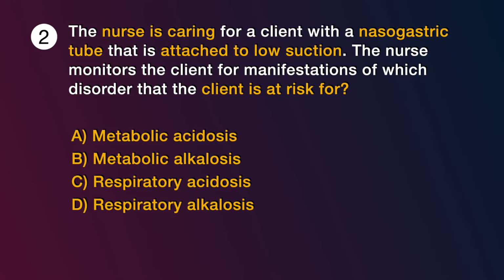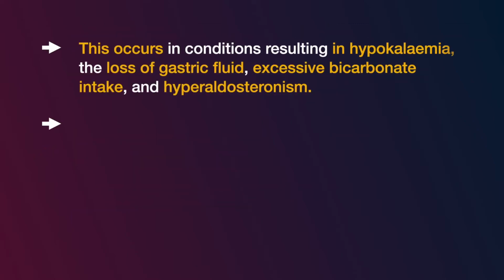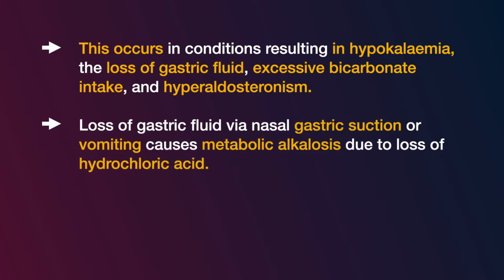So the answer is B, metabolic alkalosis. This occurs in conditions resulting in hypokalemia, the loss of gastric fluid, excessive bicarbonate intake, and hyperaldosteronism. Loss of gastric fluid via nasogastric suction or vomiting causes metabolic alkalosis due to loss of hydrochloric acid.